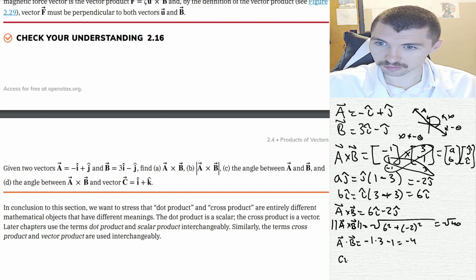Okay, so the angle is going to be cosine inverse of -4 over the magnitudes of each.